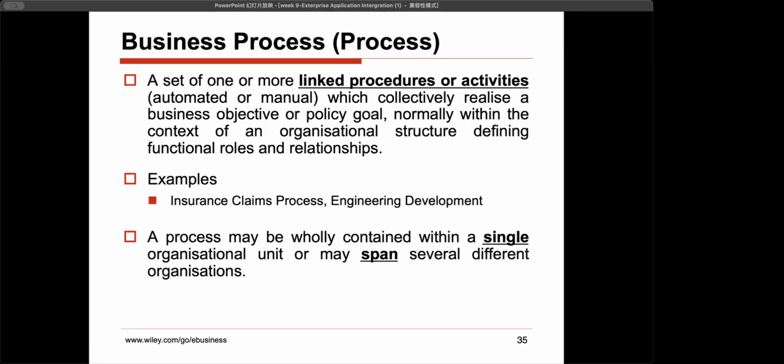A set of one or more linked procedures or activities which collectively realize a business objective or policy goal, normally within the context of an organizational structure, defined functional roles and relations.